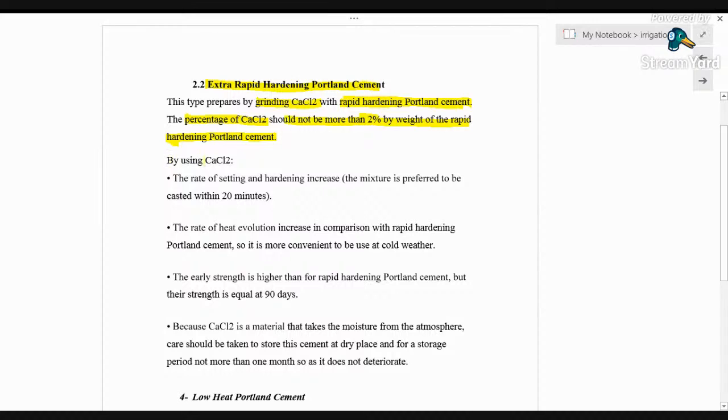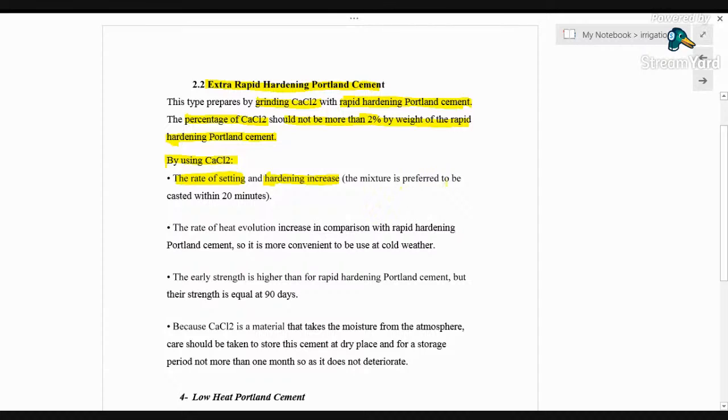By using calcium chloride, as I told you, the rate of setting and hardening increases. Rate of setting means the setting time will decrease, and the rate of strength gain will increase very quickly.